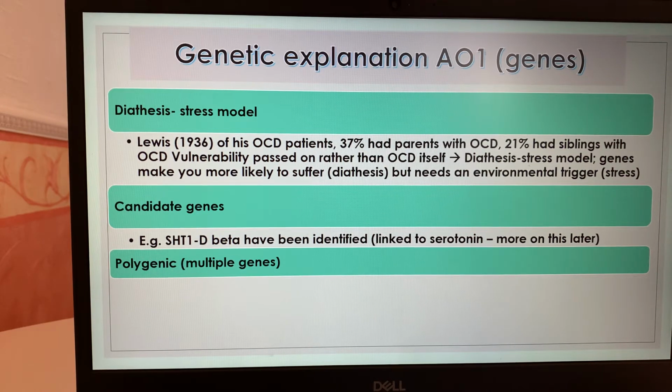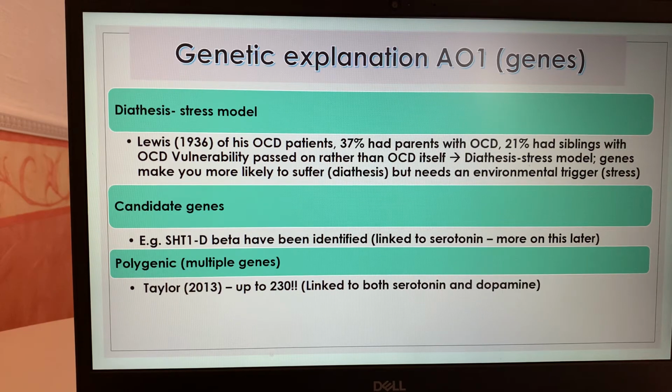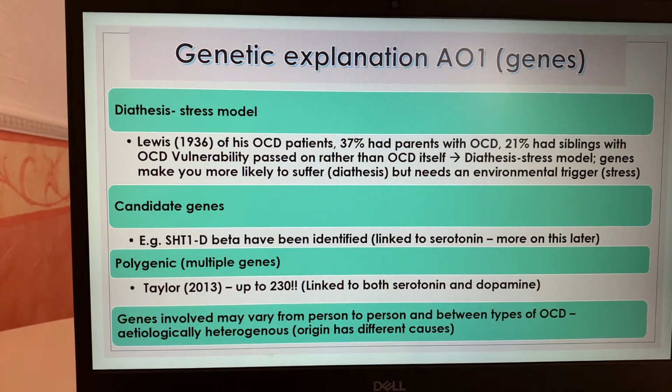polygenic, another aspect of the genetic explanation, is having multiple genes. So like I said earlier, there's up to 230 genes that could be implicated in the OCD manifestation. Okay, so how can we be certain any one gene or anything specific has any kind of relevance over others?